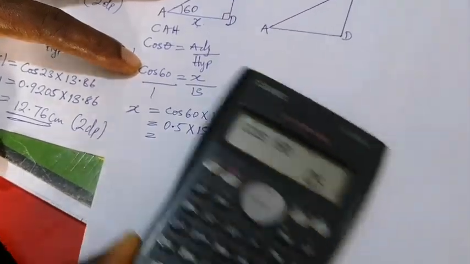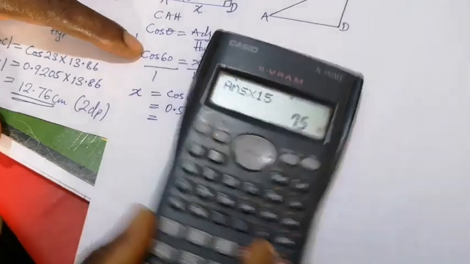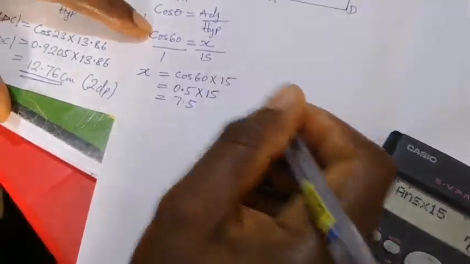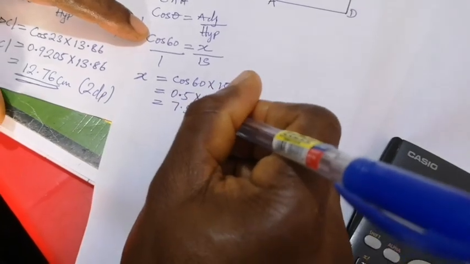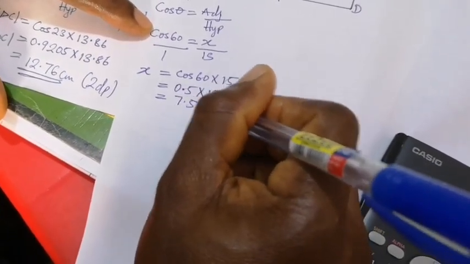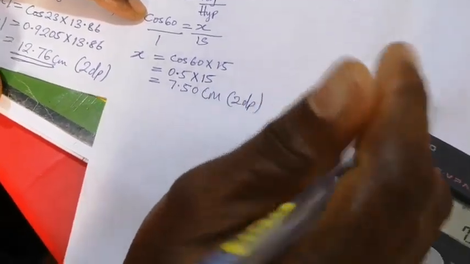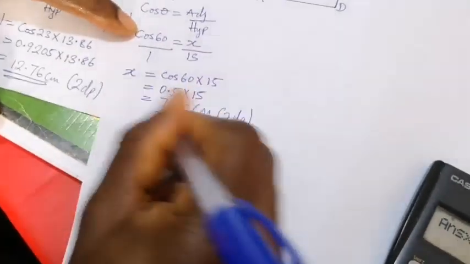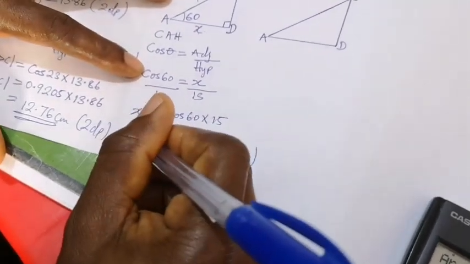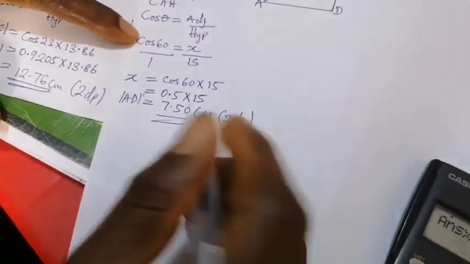So 0.5 times 15 is 7.5, okay? So 7.50 cm to 2 decimal places, okay? That is the value of line AD, okay? So line AD is what we have here.